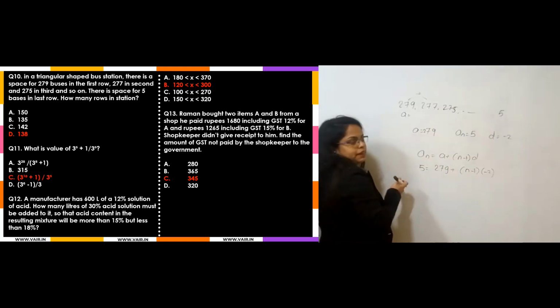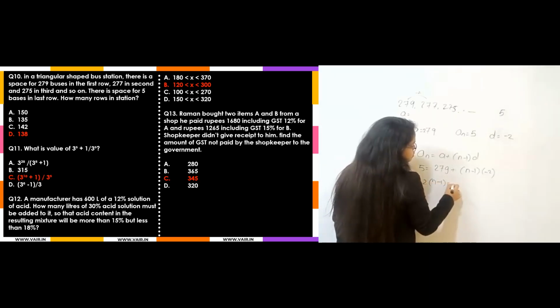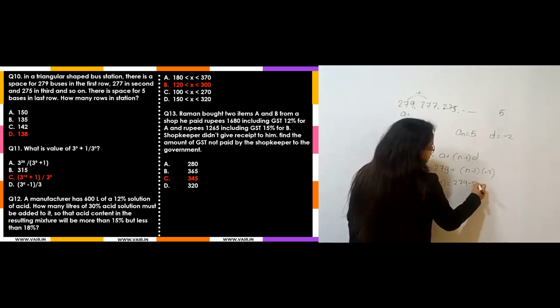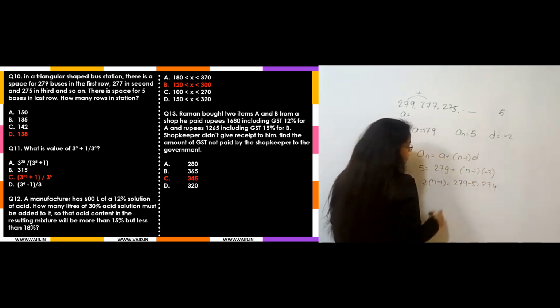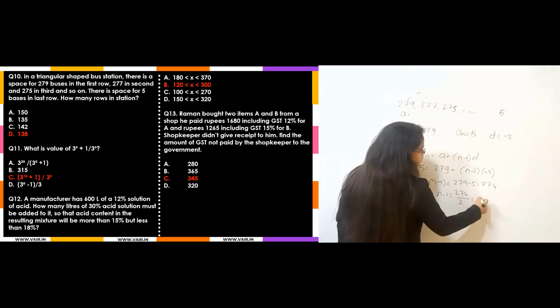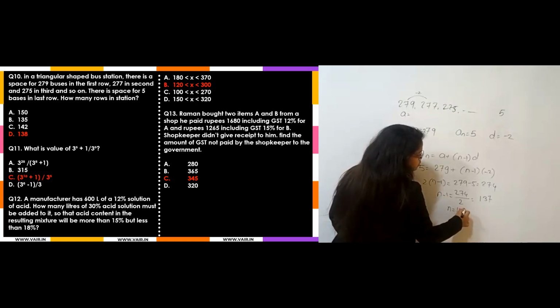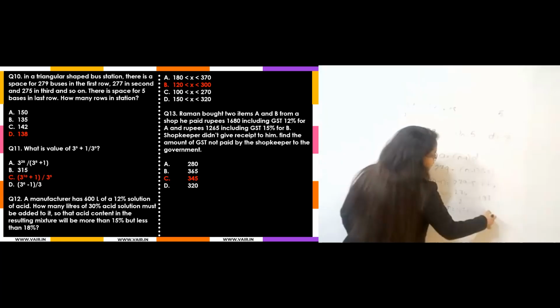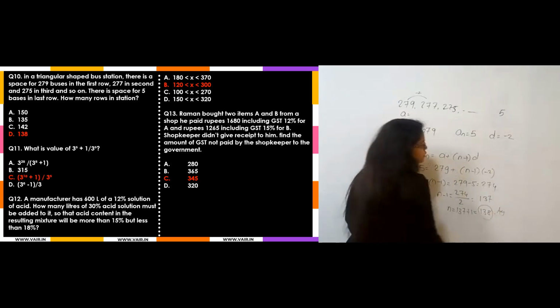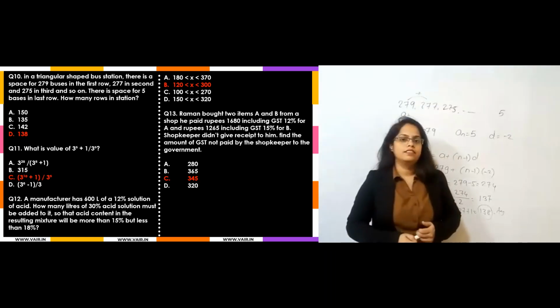So minus will be added, plus 2. Twice of n minus 1 is equal to 279 minus 5, which is 274. So n minus 1 will be 274/2. So it will be equal to 137. So this -1 will get added. So 137 plus 1 will be equal to 138, which will be your answer. That's it. Option number D is your answer.